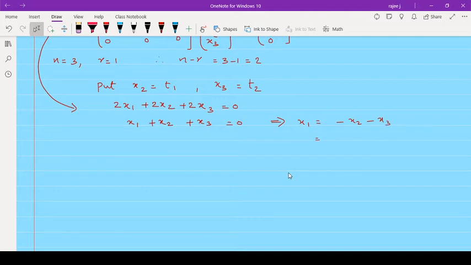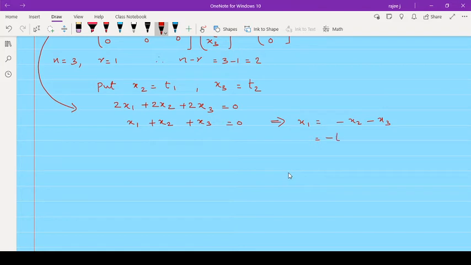Now, if you do not want negative values here, we can choose x2 and x3 in such a way that the negative will be cancelled. So you can take x2 equal to minus t1 and x3 equal to minus t2. It's not necessary, but if you want to avoid the negative, you can take it like that.